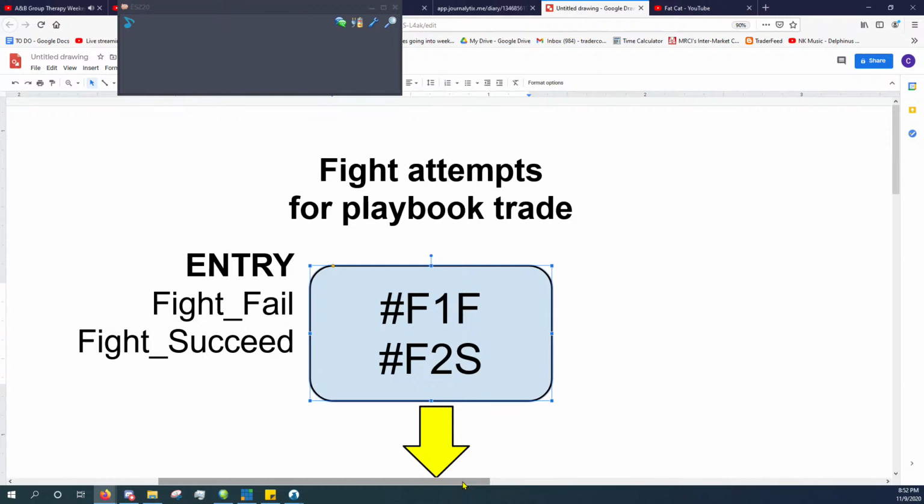And the reason for this is I want to know, do I hit these playbook trades? How many hits can I take out of a playbook trade before I just start swinging badly and they turn into FFs? So is it on average that my first 2, 3 hits are usually always successes? I want to know that statistic.